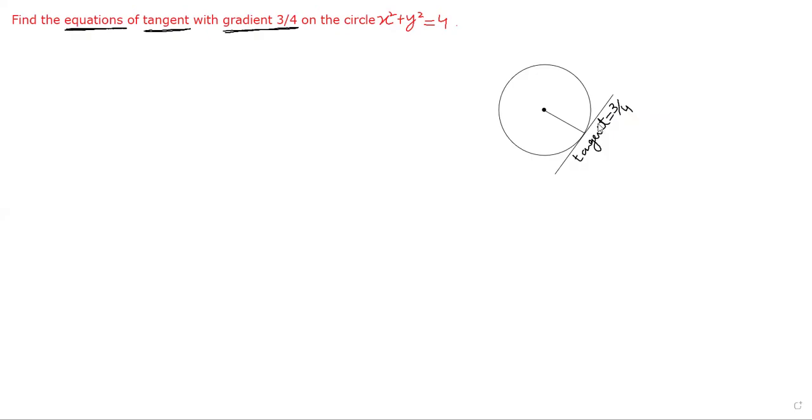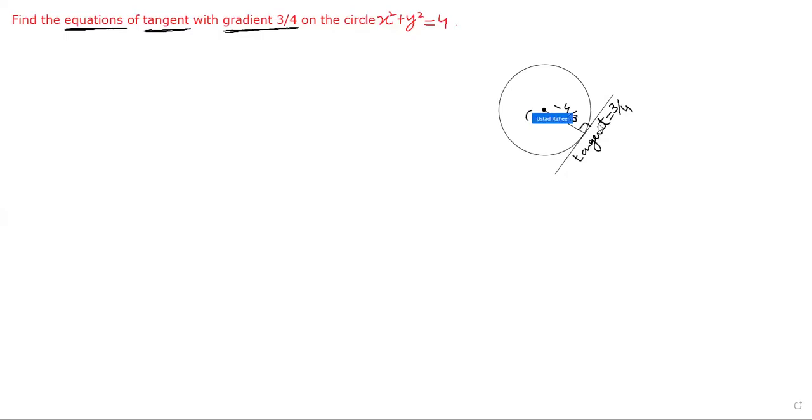Right? So if the gradient of tangent is 3/4, what is going to happen? We know that tangent and radius make 90 degrees. Okay. So if the gradient of the tangent is 3/4, the gradient of the radius will be -4/3.